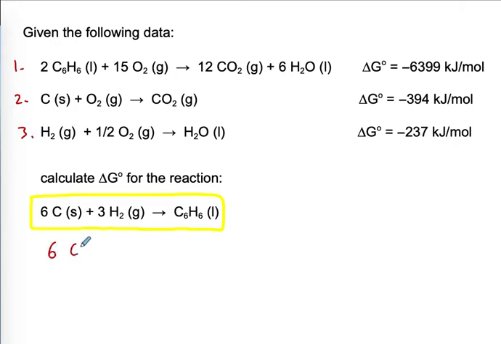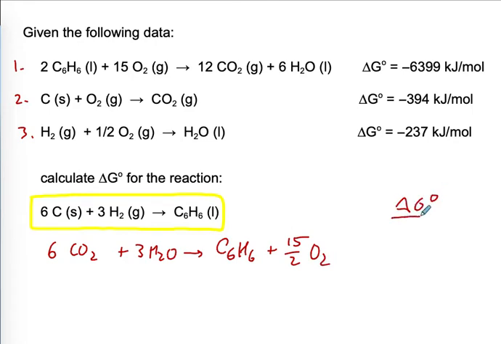That gives me 6 moles of carbon dioxide plus 3 moles of water react to form 1 mole of benzene plus 7.5 moles of oxygen, for which delta G naught is equal to negative 1/2 times negative 6,399 kilojoules per mole.